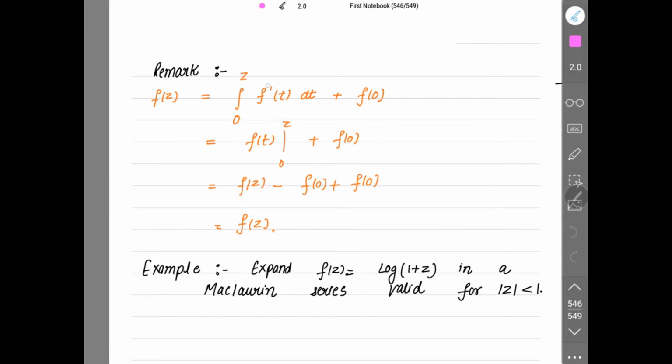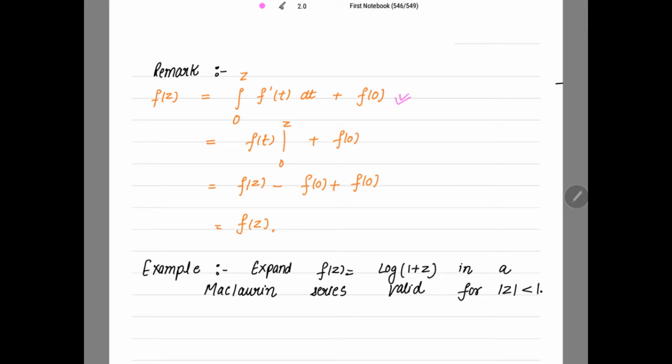If you solve this, the integration of f dash t is f(t), then limit 0 to z plus f(0), putting the limits, upper limit minus lower limit, this is f of z minus f of 0 plus f of 0. This is cancelled. We get f(z). So there is another way of writing f(z), and in this example, I'm going to use this way. This is a short example.